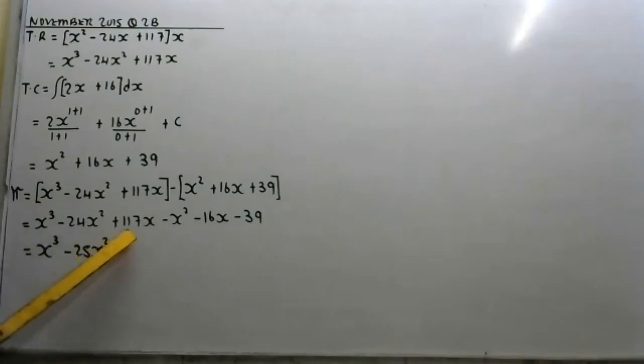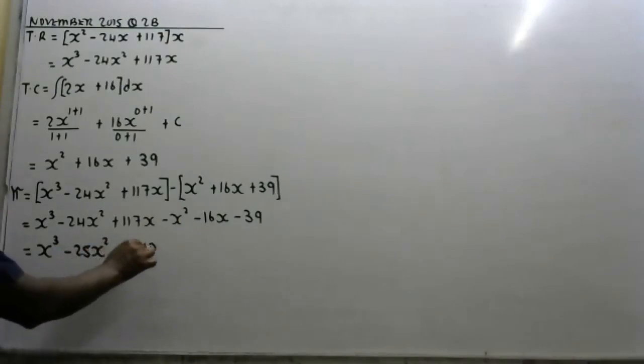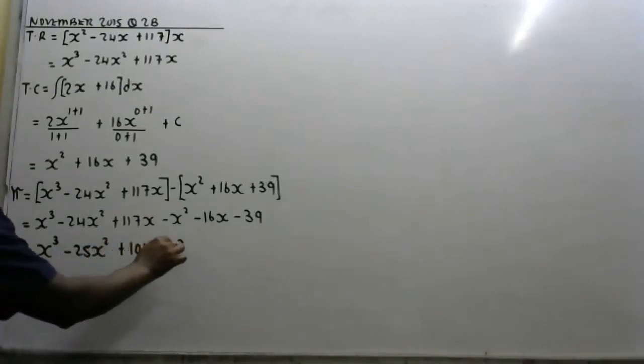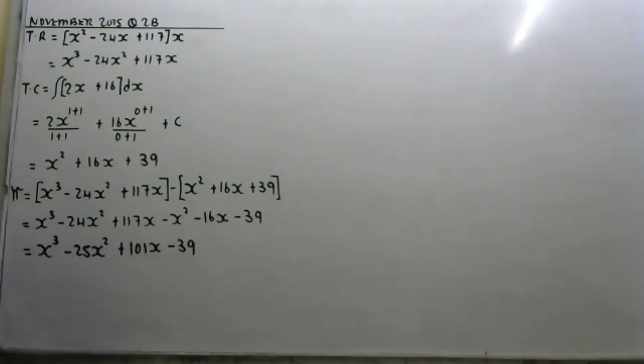This 117 joins this minus 16, so that we have plus 101x minus 39. Is that okay? So that is the profit function.